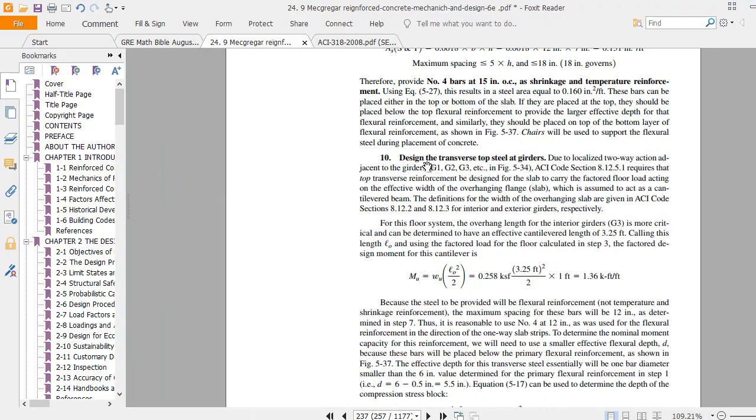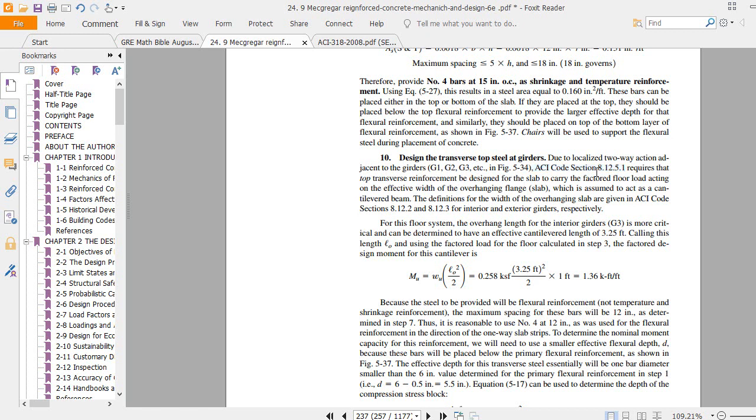Here they are explaining that due to localized two-way action adjacent to the girders G1 and G2, ACI code section 8.12 requires that top transverse reinforcement be designed for the slab to carry the factored floor load acting on the effective width of the overhang flange.